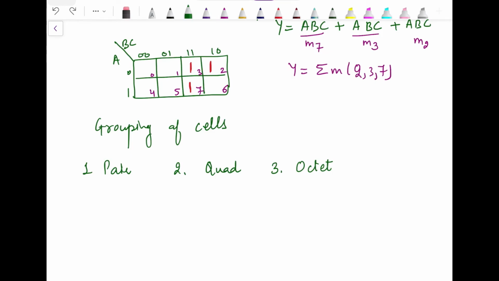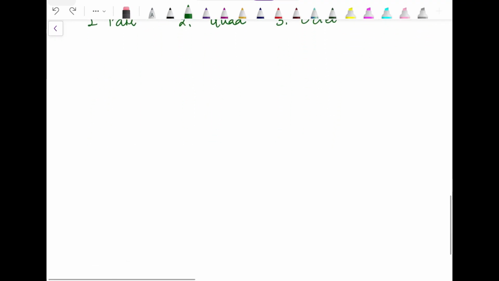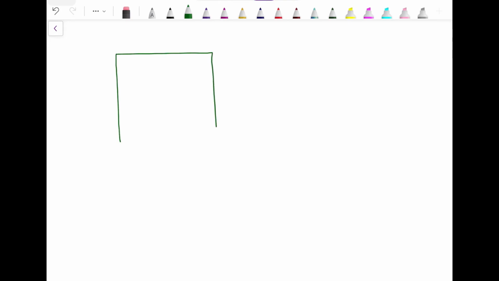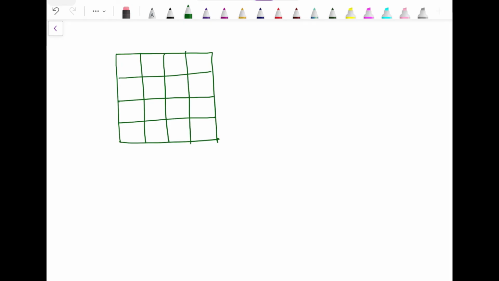So let me show you the different grouping options, and the maximum number of groupings possible in case of a four variable K map. Let's discuss what the different possible combinations are. In this case, I'm not going to write any labels or variables, just trying to show you the different possible combinations.